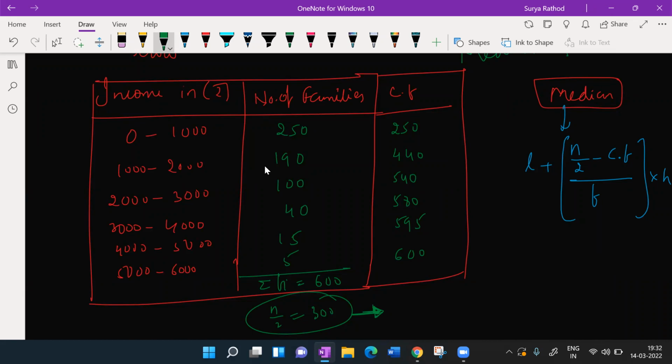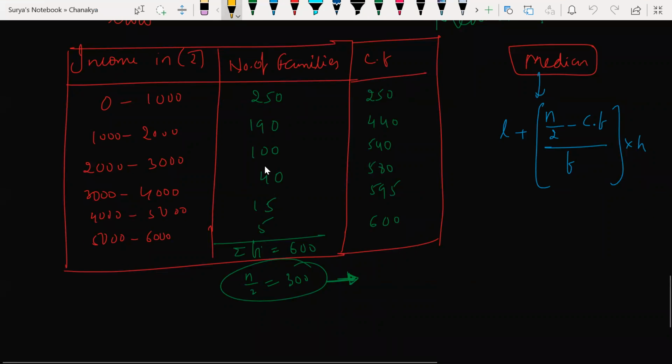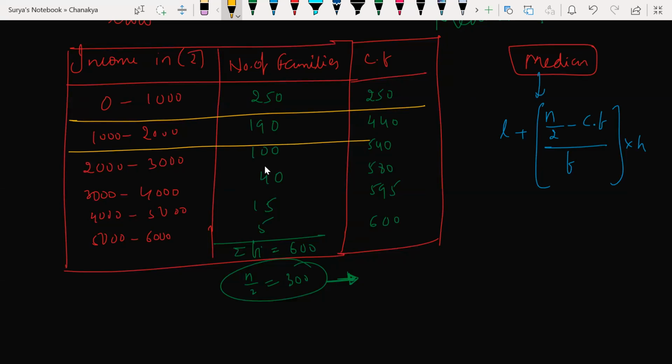What is just greater than 300 in the table? 440. So my median class is 1000 to 2000.